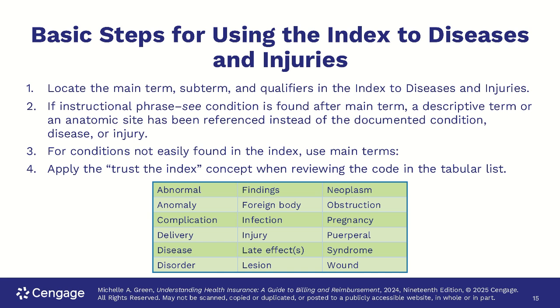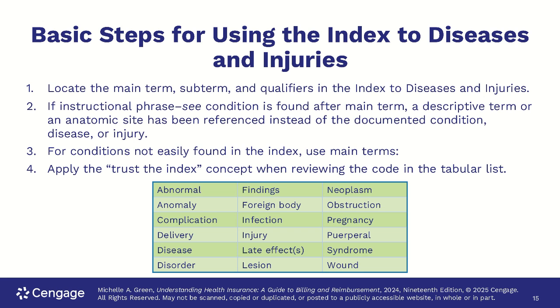So, some basic steps for using the index to diseases and injuries. You're going to, of course, locate that main term, followed by the subterm and the subterm to the subterm, also known as qualifiers. And if you see one or more instructional notes behind the main term, you do whatever it tells you to do.